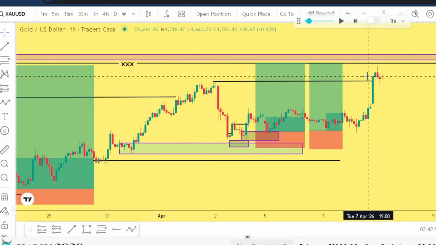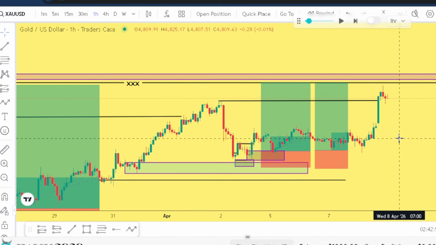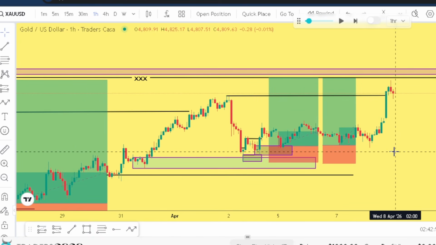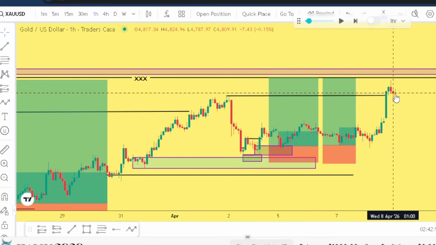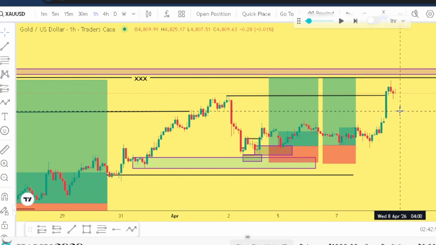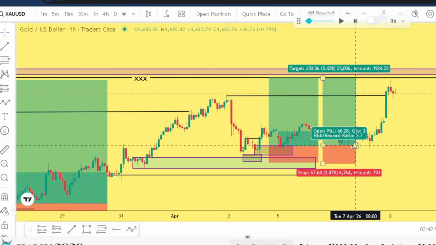So do proper risk management. With proper risk management, you will always be making profits. In case this particular trend reverses on us, we will still have made some money, because we shall have closed half of our positions, okay?